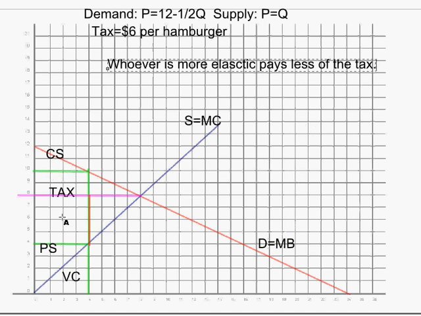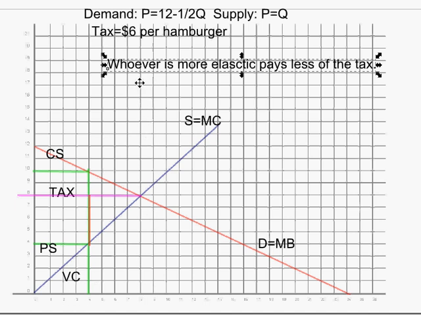Now, how can we tell who's more elastic? Remember that equation in the elasticity section. 1 over the slope times P over Q tells you the elasticity. Translating that into simple English for this case, whoever has the flatter slope is more elastic. Whoever is steeper is more inelastic, because the quantity doesn't respond.